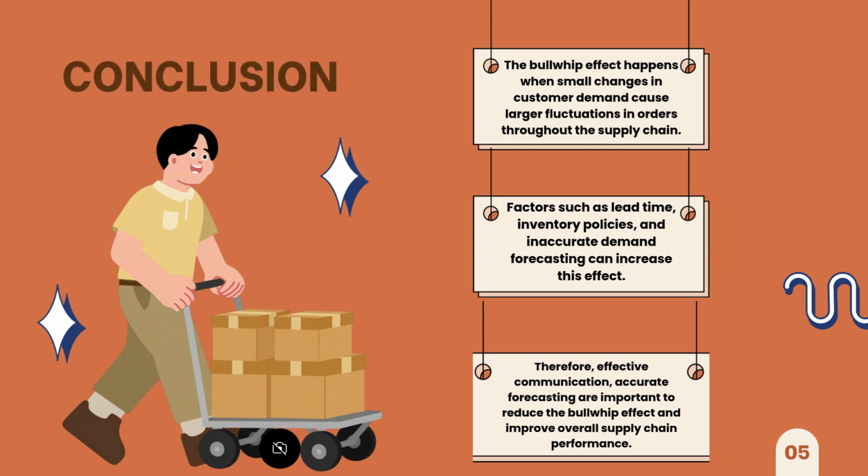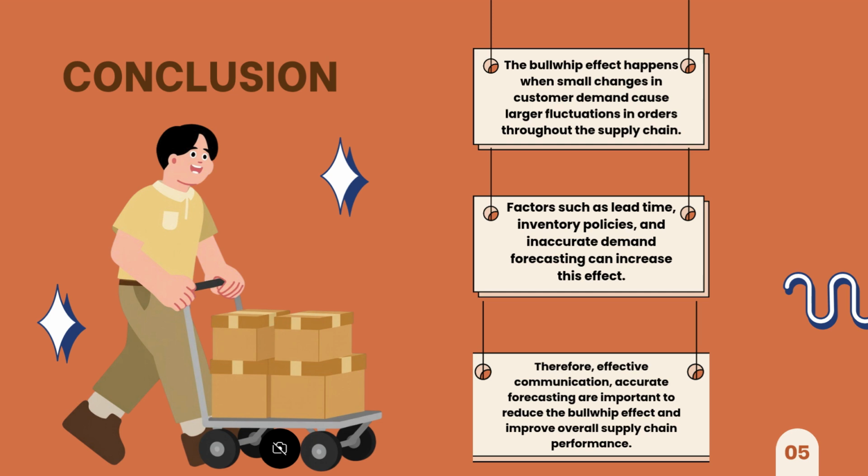The conclusion for this topic is that the bullwhip effect happens when small changes in customer demand cause larger fluctuations in orders throughout the supply chain. Factors such as lead time, inventory policies, and inaccurate demand forecasting can increase this effect.